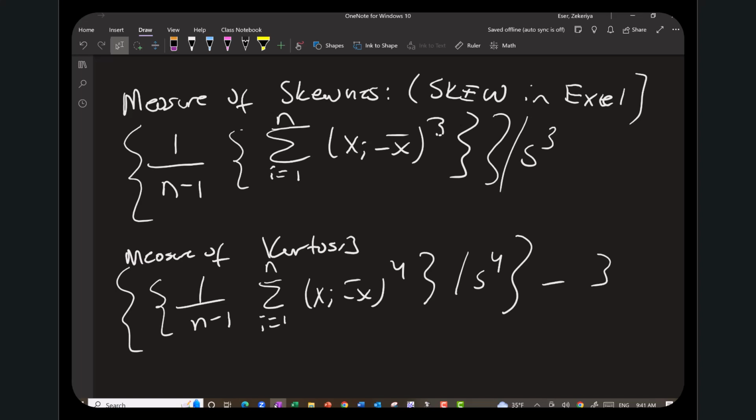The trouble with these measures is they're not robust at all. A few outliers are going to basically take it into the stratosphere.